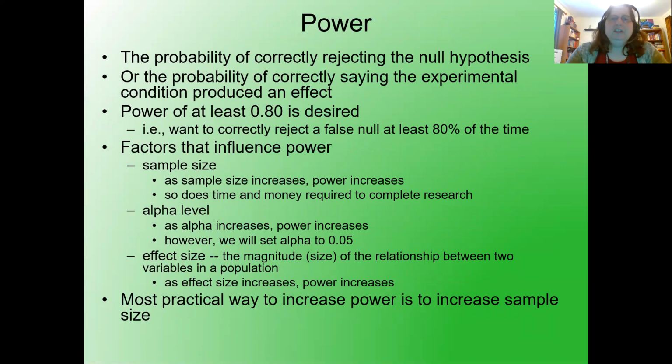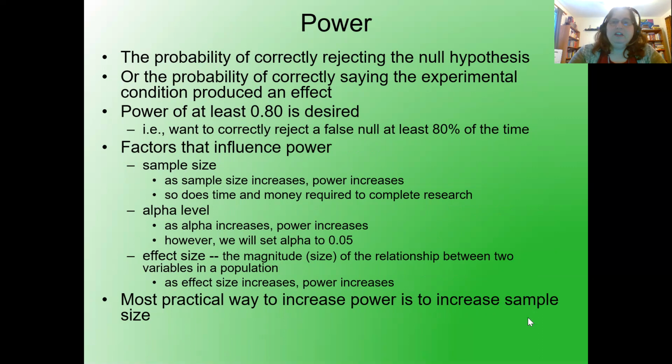So now let's talk a little bit about power. Because in addition to thinking about how to recruit your participants, you have to think about how many. Okay, so for the purposes of this class, we've talked about particular restrictions in terms of power, in terms of number of participants.